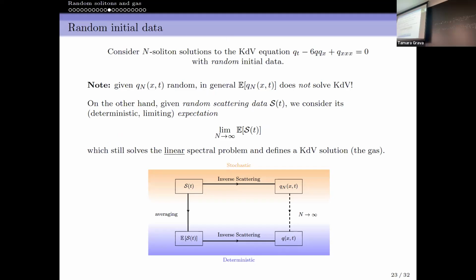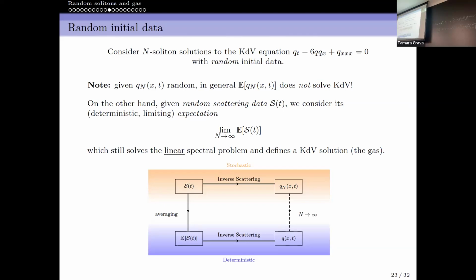Yeah, but usually I think we want to start from the random initial condition of Q, right? Yeah, but I'm doing the opposite. Can you understand what kind of random initial condition you're taking for Q? Well, the point is, we are restricted to a soliton solution, so it's a finite dimensional phase space. Soliton solutions are a finite dimensional Newtonian system.